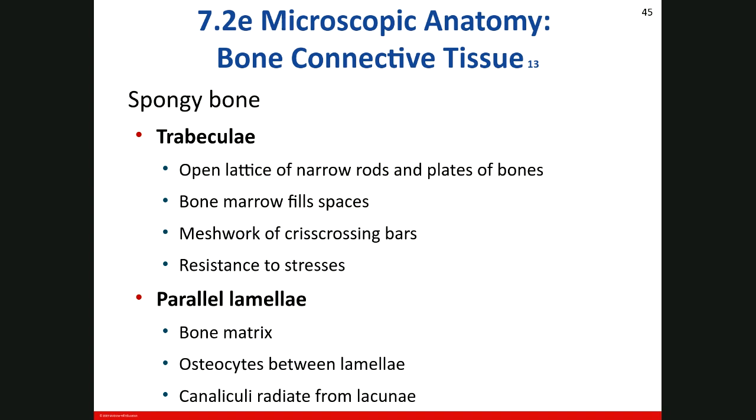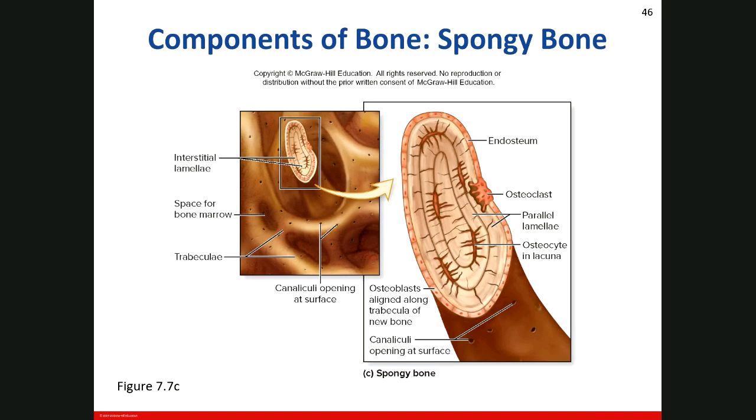Look at here. You can see these plates of bone. They are very narrow and they don't have a central canal, so we don't call them osteons. This structure is called trabeculae, the trabeculae of the spongy bone. The bone marrow is located between these trabeculae.